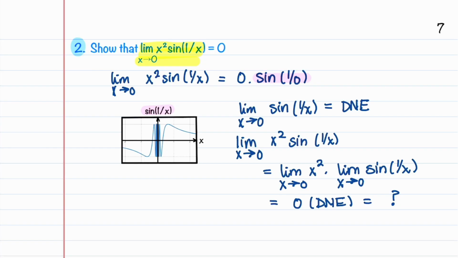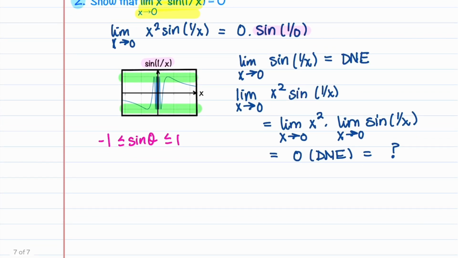When you look at the graph of sine 1 over x, you can see that it's bounded between this number and this number. The sine of an angle theta is always bounded between -1 and 1. We can say then that the sine of 1 over x is also going to be bounded between -1 and 1.